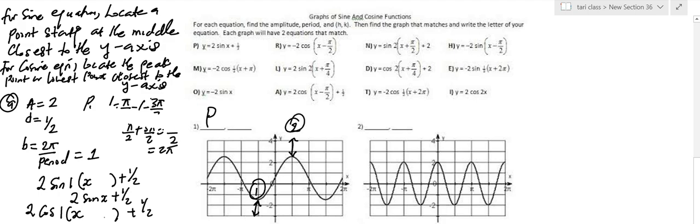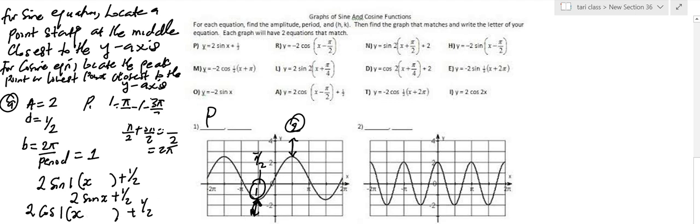So let me write the cosine equation using point 1. If I'm observing here, that means the phase shift for this cosine will now be pi over 2, because the value on the x-axis here is pi over 2.